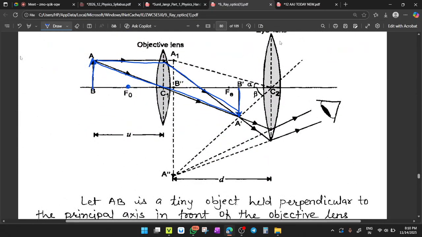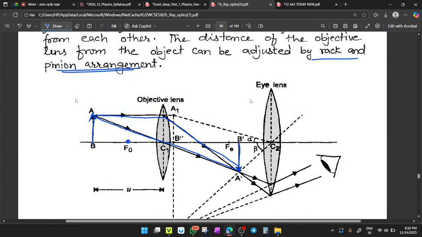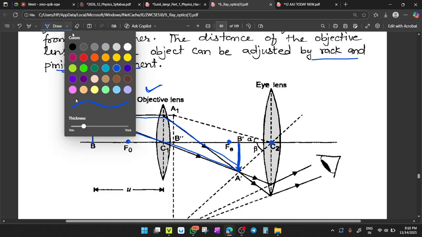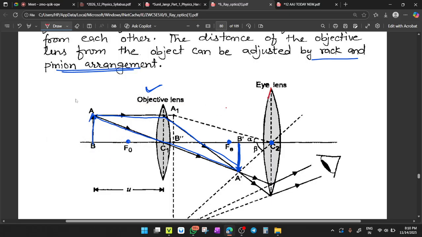Now place your eyepiece in such a way that this real image made by the objective lens lies between the focus and the optical center of the eyepiece. Not center of curvature, optical center. Place your eye lens such that the image formed by the first lens, this one, A dash B dash, falls between the eyepiece focus, meaning the second lens focus, and its optical center.